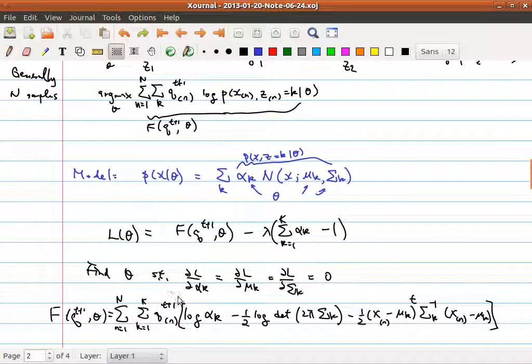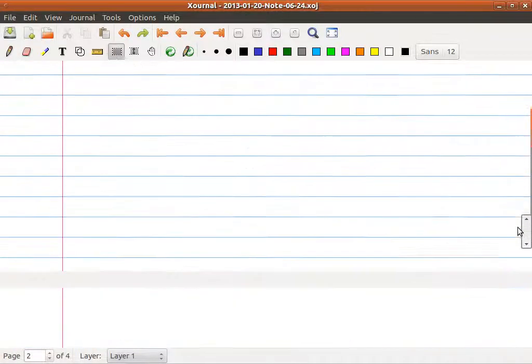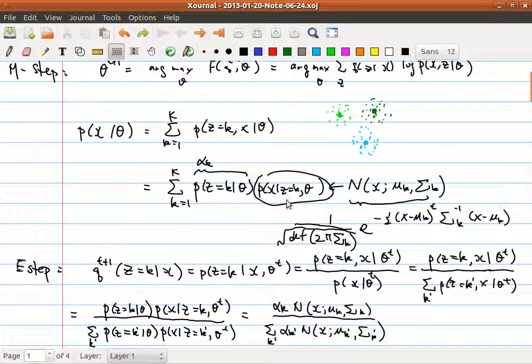This is q_t, the membership probability that we obtain in the E step. And this log p(x, z | theta) can be expanded into log alpha k minus this thing here, which comes from the Gaussian PDF. Basically, we're taking the log of the Gaussian PDF, and therefore we got those terms here.